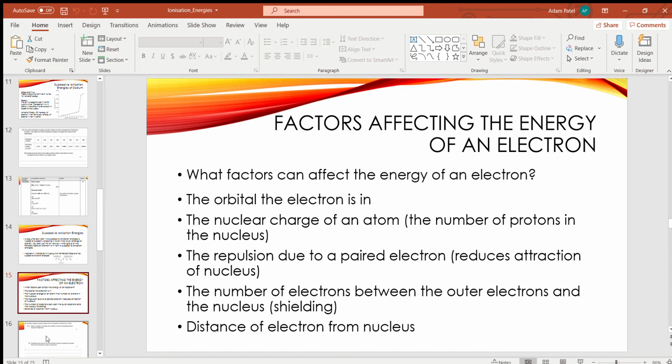The nuclear charge of an atom, so the number of protons in the nucleus. The more protons there are in the nucleus, the more attraction it has for the outer electrons.